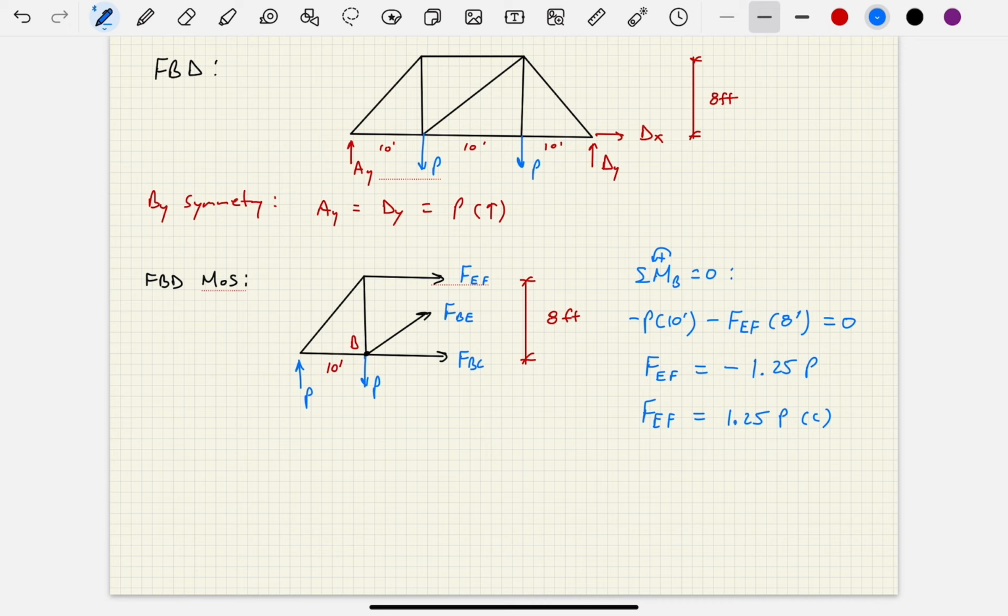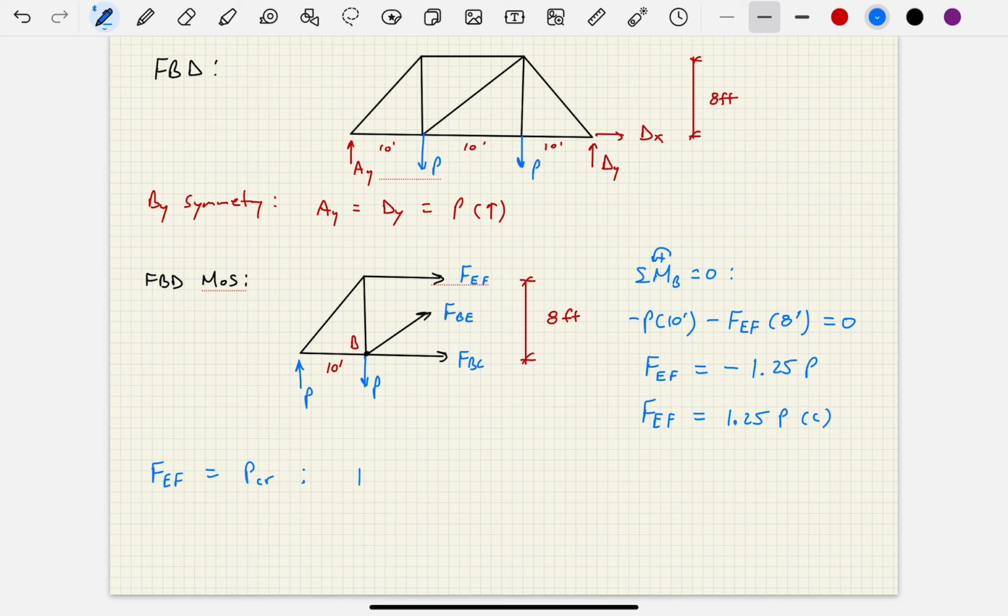Well, almost. I've done the majority of the work here. Now, like we talked about earlier, we set this equal to that P critical equation, okay? So I'm going to say FEF, I'm going to set that equal to P critical, okay?